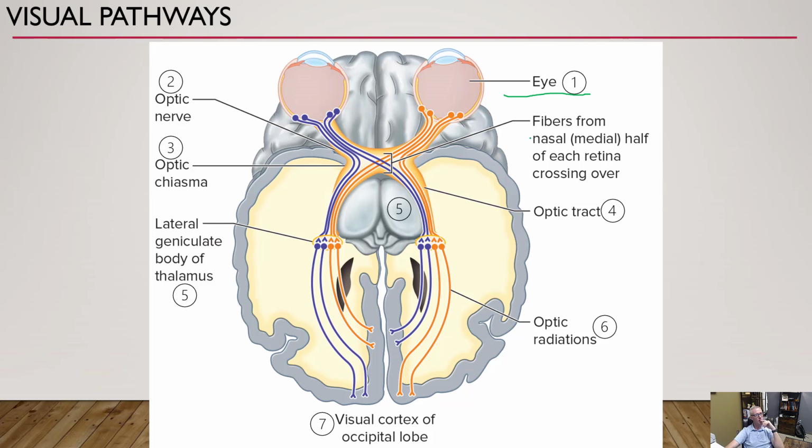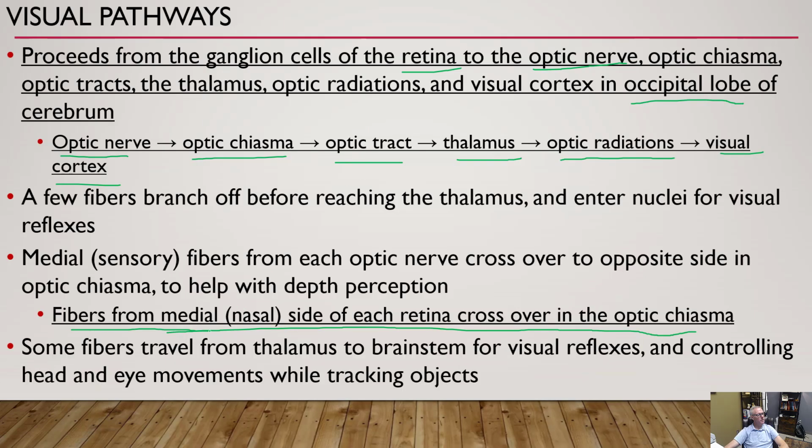If we're talking about the medial aspect of the eye, the medial fibers from the medial side are going to cross over at that optic chiasma. So that's why we had that statement here: fibers from the medial side of each retina cross over in that optic chiasma.